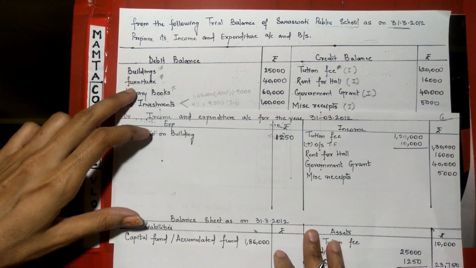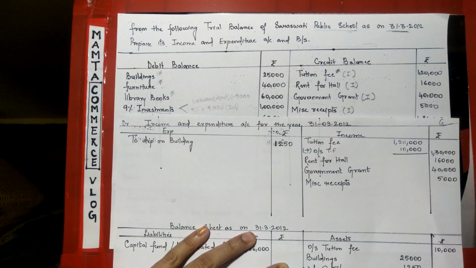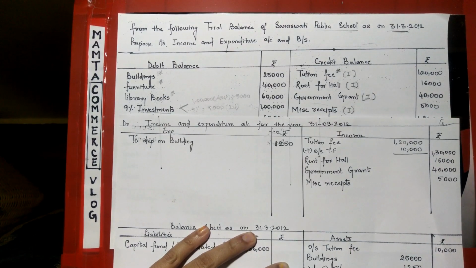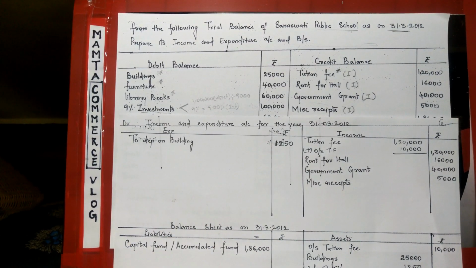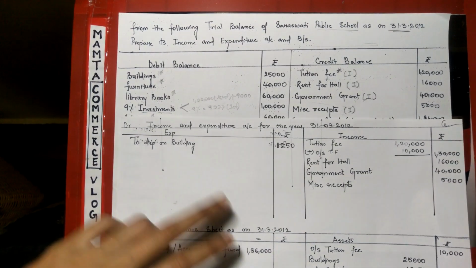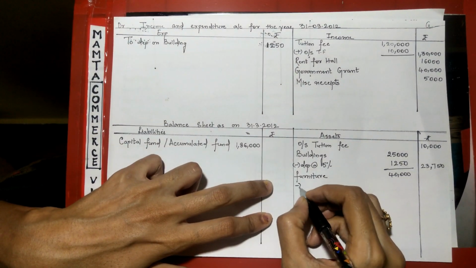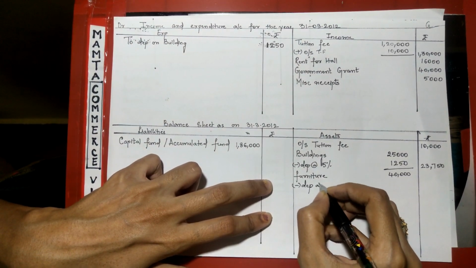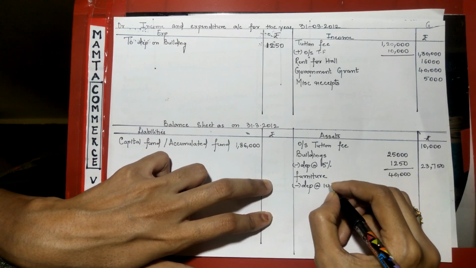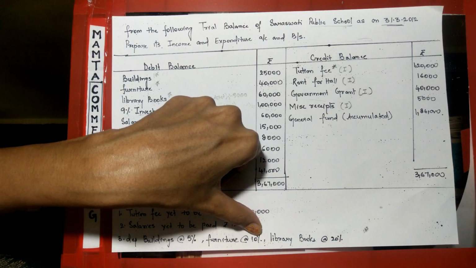Next, after building we have furniture. So here I will write furniture as it is an asset. So furniture value is 40,000. For this we have a depreciation at 10%.